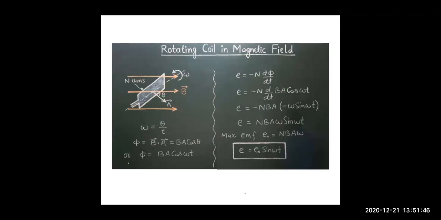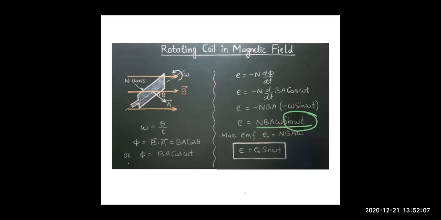Now, children, if you want this value to be maximum, then the maximum value of sin will be 1, right? So if we make sin equal to 1, that will be the maximum value of the EMF that is induced in the coil. So for that, omega t will become 90 degrees, right?